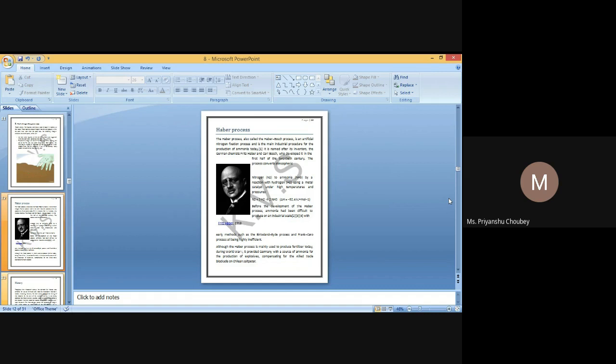Pedoturbation is the process of mixing of soil materials, not by eluviation, but mixing to a certain extent evident in the soil.